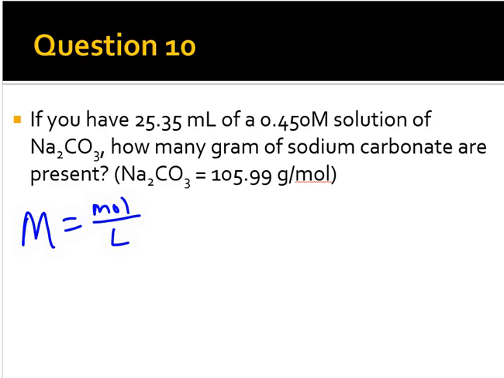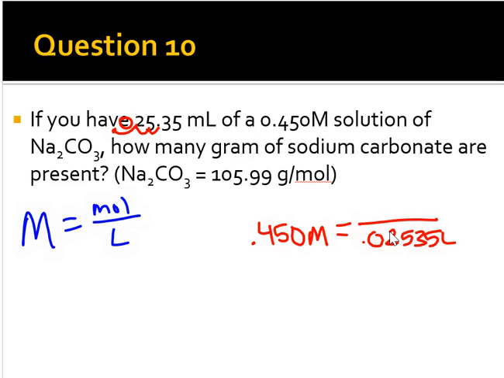So in this problem, we know what the molarity is. It's 0.450. That's equal to, we know the volume of the solution. It's 25.35 milliliters, but we just need to change that to liters. So I'm going to move this decimal 1, 2, 3 places to the left. So the volume is 0.02535. And so we can actually solve for the numerator, which would tell us our number of moles.